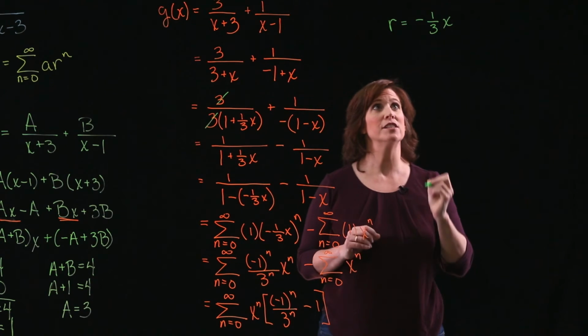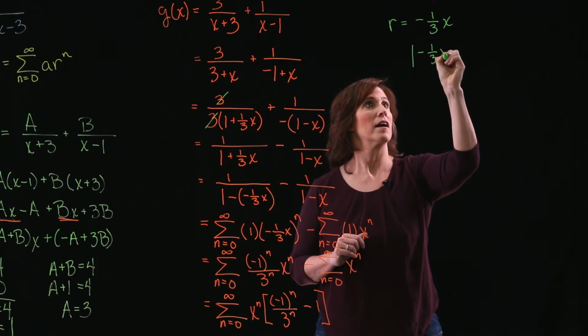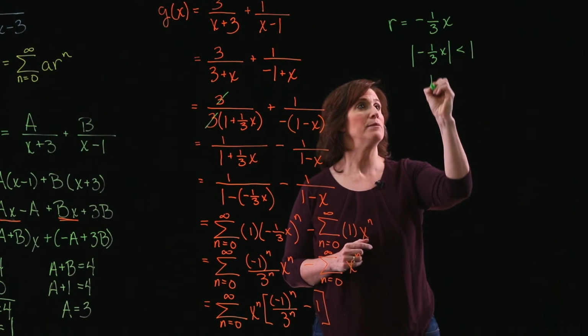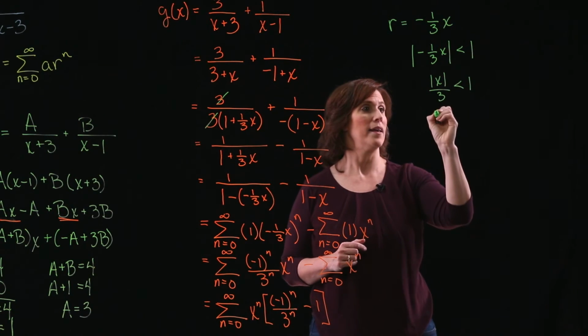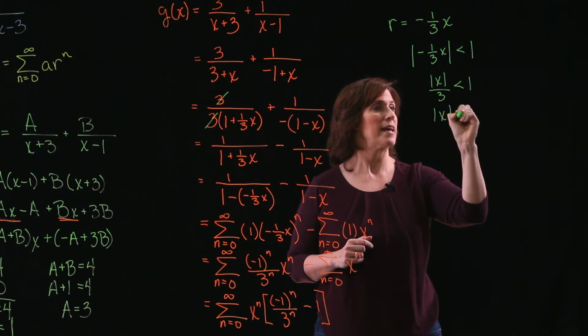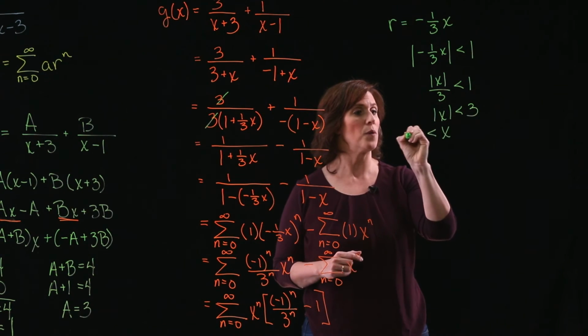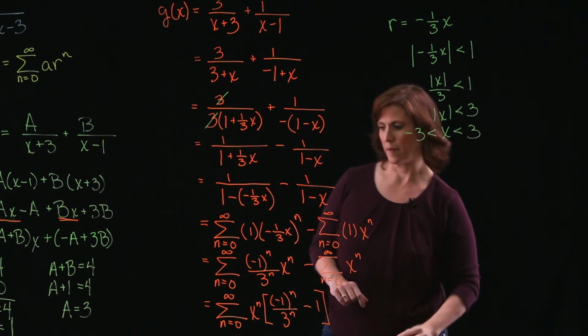And I know that my series converges when the absolute value of r is less than 1, which means that the absolute value of x all over 3 must be less than 1, or the absolute value of x has to be less than 3, which means x is going between -3 and +3.